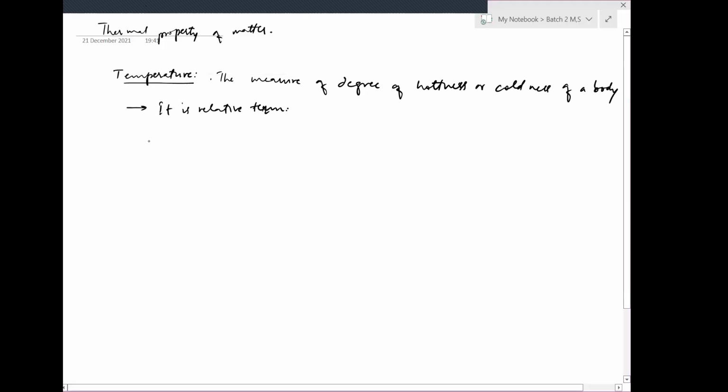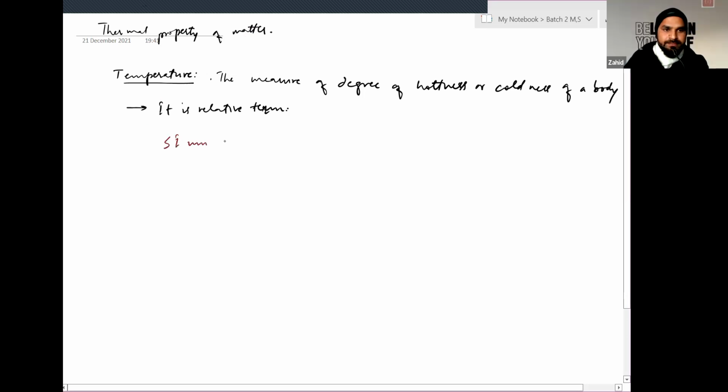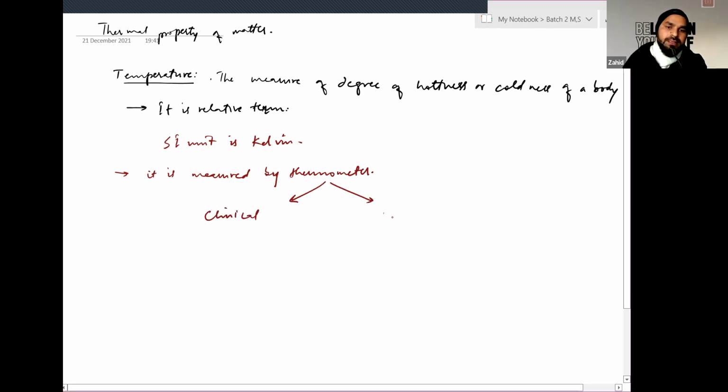Yes. Now, for the measurement of temperature, its SI unit is Kelvin. To measure temperature, there is an instrument, the thermometer. A thermometer may be of two types: one is called clinical and the other is called laboratory.